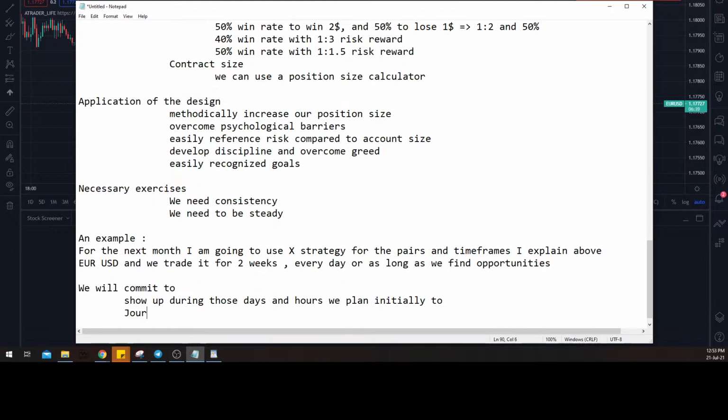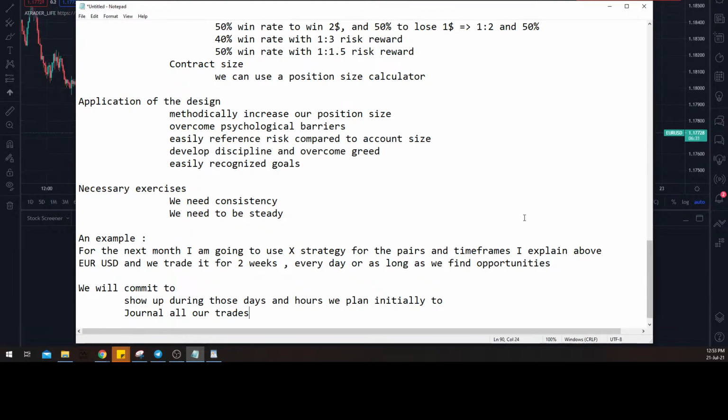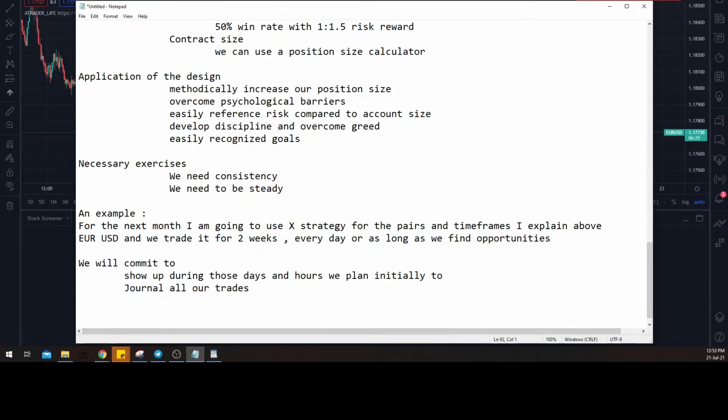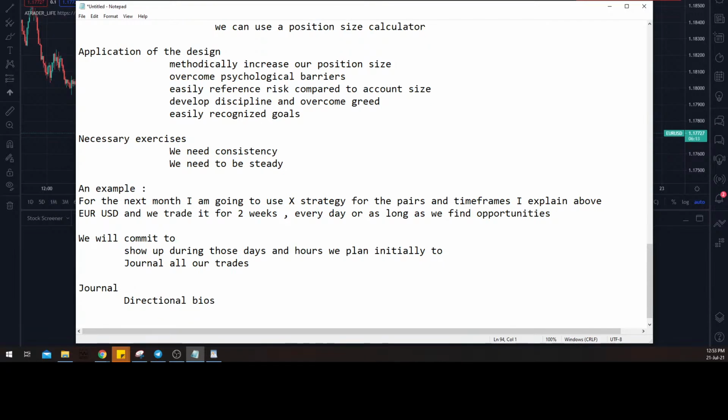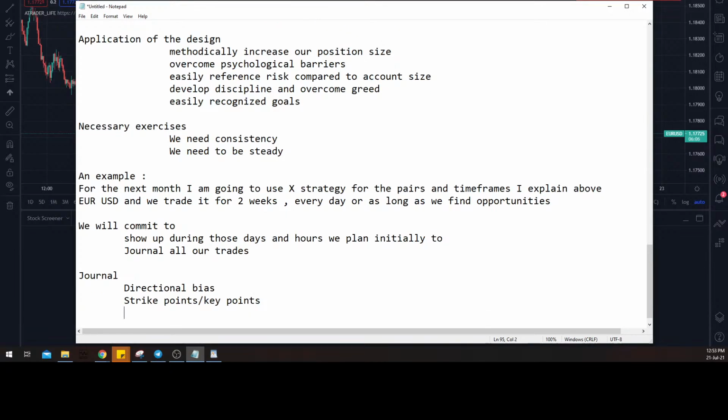At the same time, we will journal all our trades, and in the journal we record the directional bias, then the strike points or key points, and candle formations.